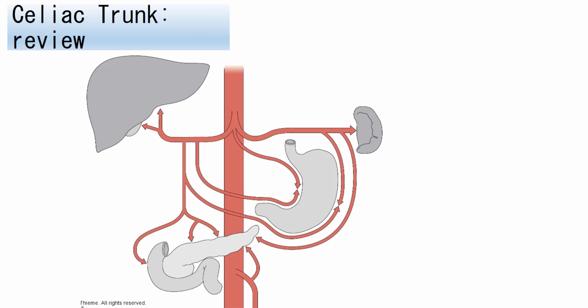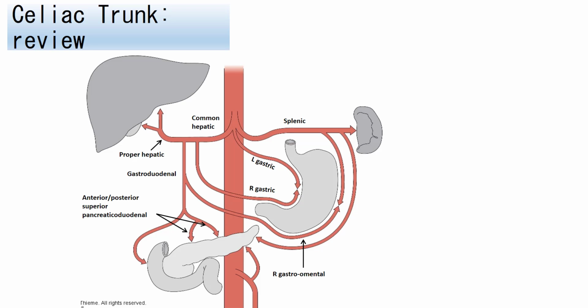Now let's review the blood supply from the celiac trunk. We have our common hepatic artery, our splenic, and our left gastric artery. We have our right gastric artery, the proper hepatic, that actually splits into the right and left hepatic arteries, of course. Then you have the anterior and posterior superior pancreatico-duodenal arteries.